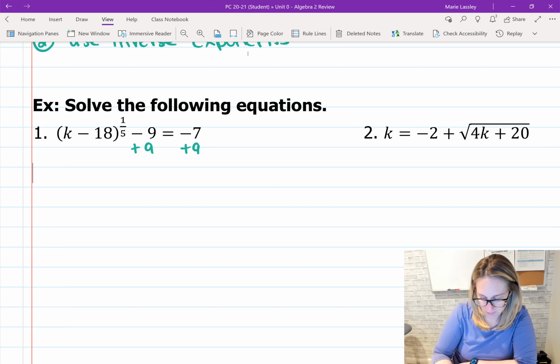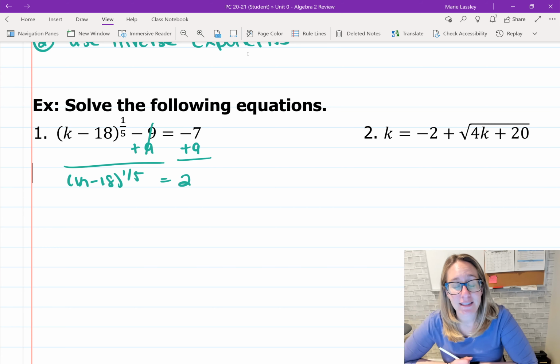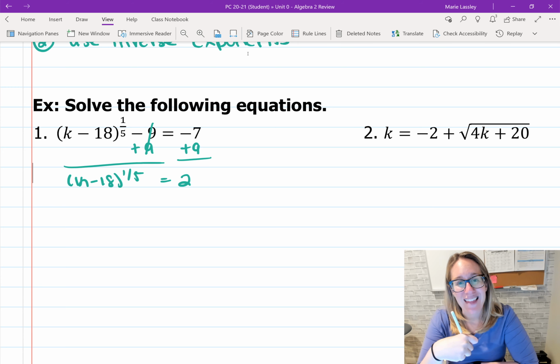Now the next thing we want to do is go right to using our inverse exponents. This step is critical because what a lot of people like to do is they don't want to use inverse exponents, and they want to make more work and wrong work. What I see a lot of times is people trying to distribute that exponent into the parentheses.